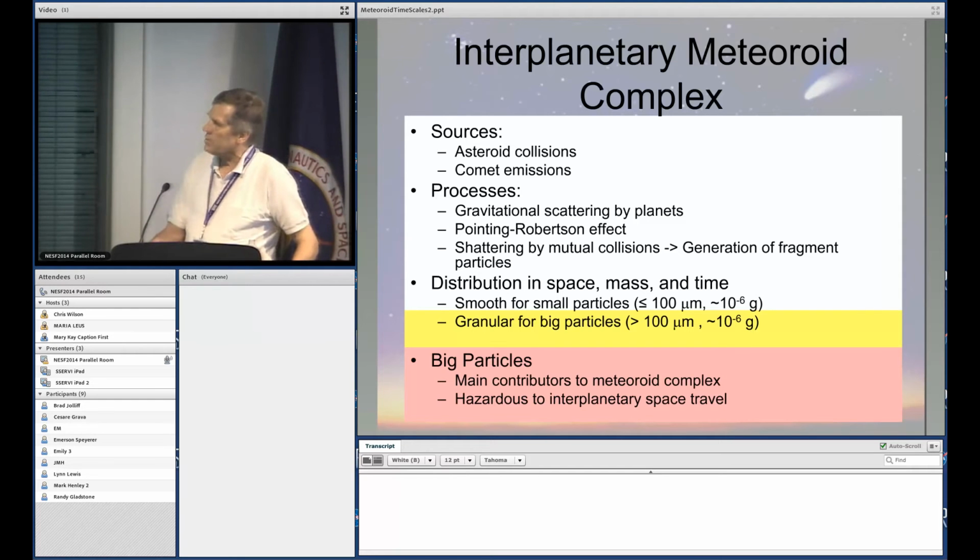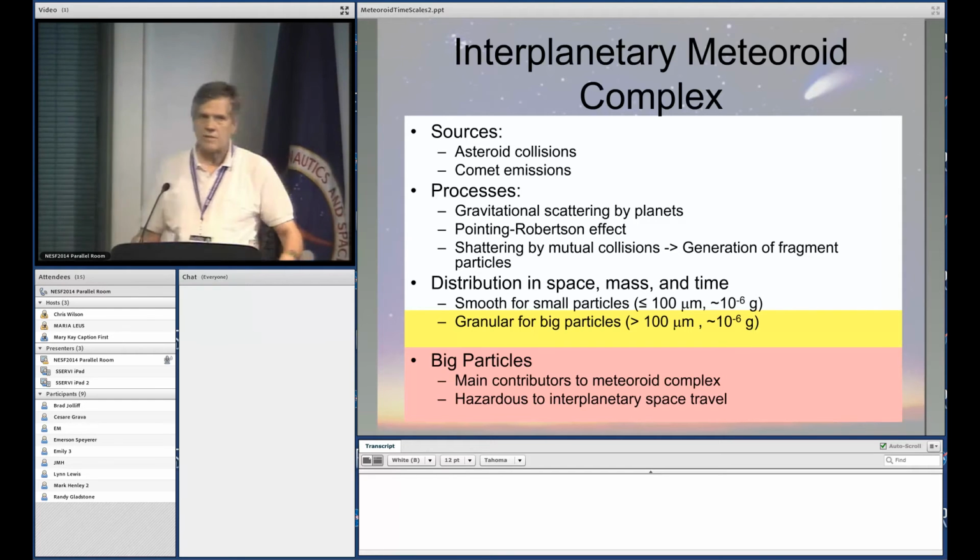From the observations, we know that for small particles, smaller than about 100 micron in size, or 10 to the minus 6 grams, the distribution is smooth, both in space, in mass, and in time. However, for the bigger particles, bigger than about 100 micron, the distributions are rather granular.